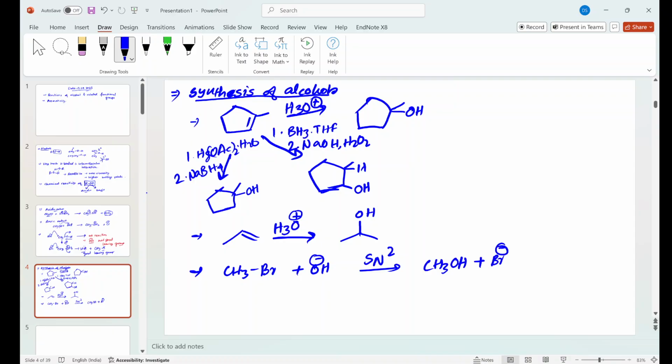So this one for primary alkyl halides will proceed through the SN2 mechanism. But if you have the tertiary alkyl halide, it will not go through SN2. Rather, it will go through SN1 because it will form a stable intermediate carbocation. And then in the second step, the nucleophile will attack and you will get your final compound.